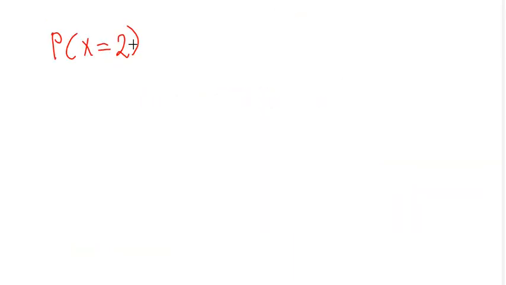If the binomial model is equal to 2, then we have the binomial distribution. Before we put this in, let's write the general formula. The general formula for the binomial distribution is the probability of the binomial model being equal to R successes, where R is the number of successes.